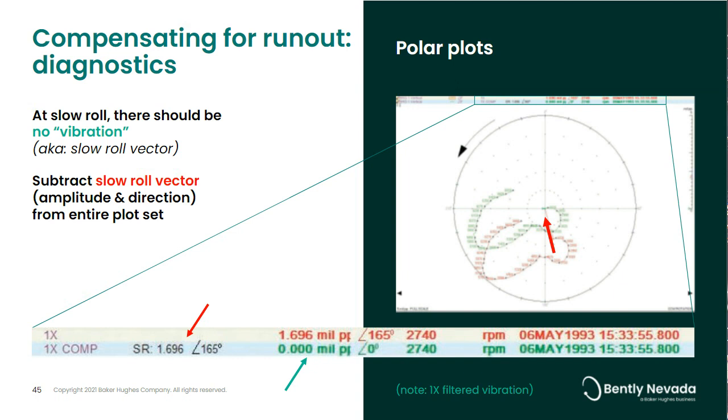However, if that slow roll vector is changing, that can give you other indications of potential sources of error. Maybe it's a shaft bow that's changing as the thermal effects on the shaft happen, or maybe it's something else. So slow roll is not always just something that you want to get rid of or delete. It is something that you want to make note of and can potentially be a very useful diagnostic piece of information.